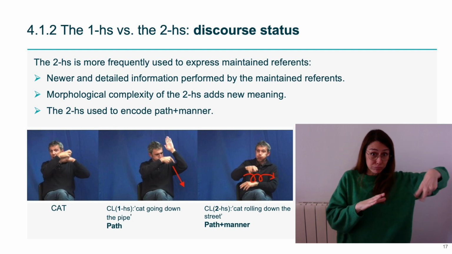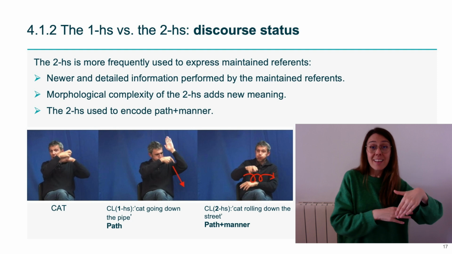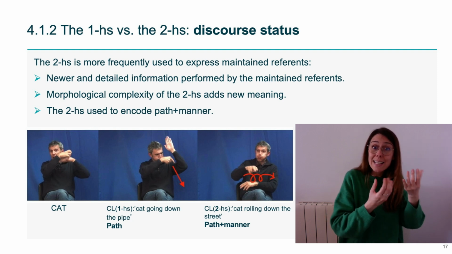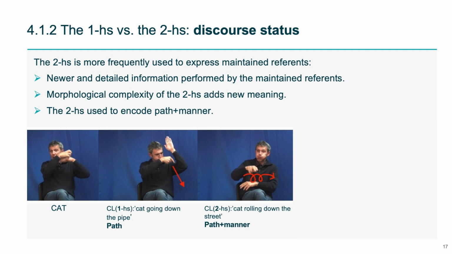And here we see the only path is expressed using the one handshape. And the following classifier that is used is maintaining the referent. And again, we see that with the two handshape, both path and manner are expressed.